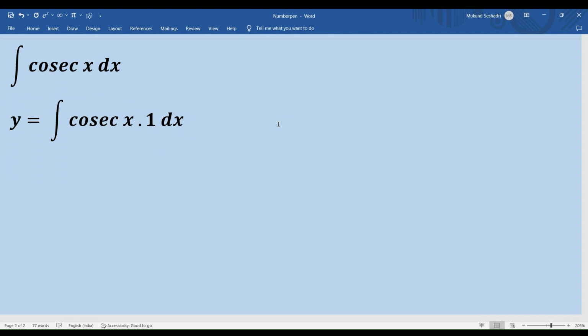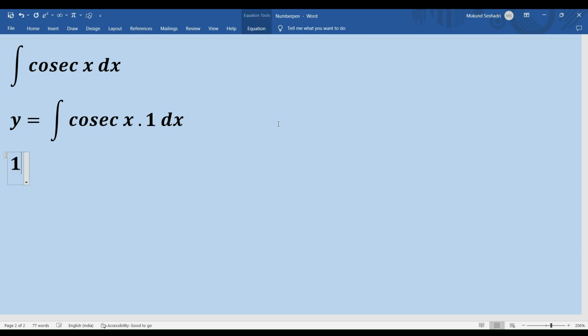And therefore my y is nothing but the integral of 1 into cosecant x dx, or cosecant x into 1 times dx, right? And this is where, like we saw in our secant x video as well, my 1 can be re-expressed in a zillion ways, right? And we're going to use one of those ways to simplify y and solve it by the method of substitution, right?